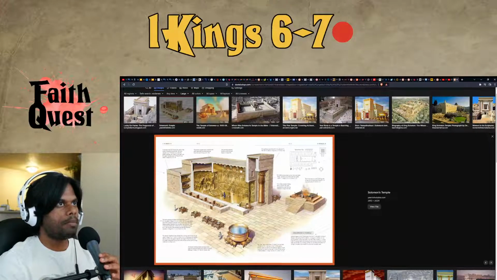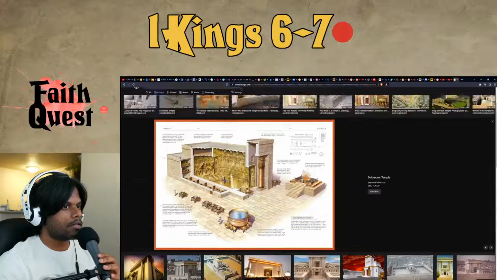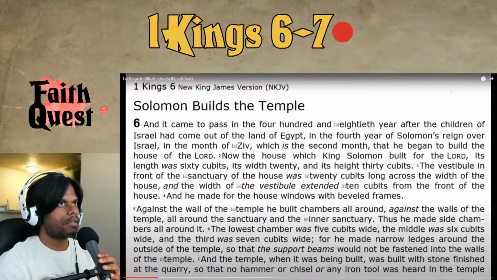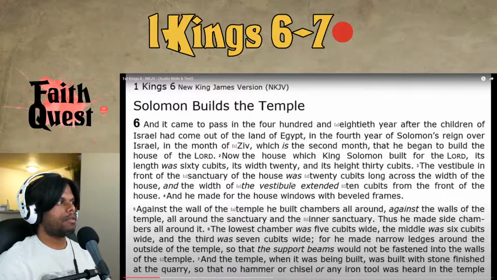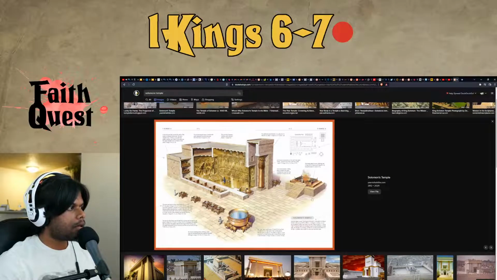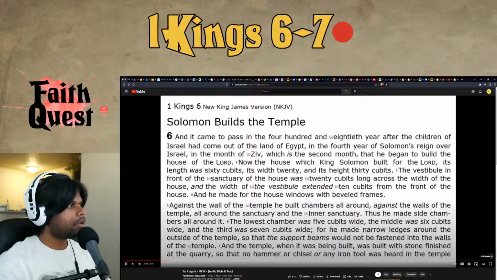Okay, so let me hit play and we can look at this. Across the width of the house, 30 cubits. The vestibule in front of the sanctuary of the house was 20 cubits long, across the width of the house, and the width of the vestibule extended 10 cubits from the front of the house.